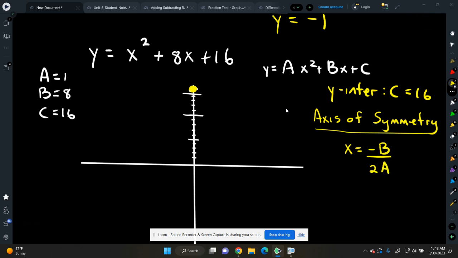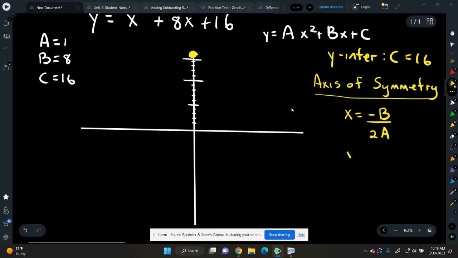So we use that formula to find the axis of symmetry. So x equals negative b, so that'll be negative 8 over 2 times 1, which is negative 4. So my axis of symmetry is -4.